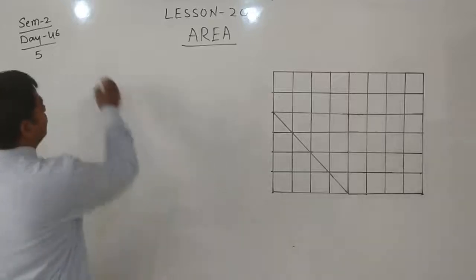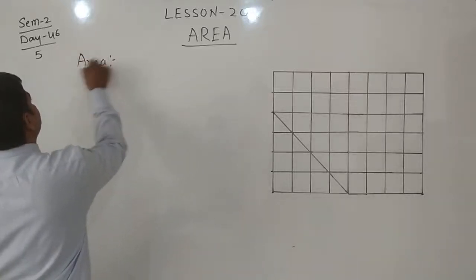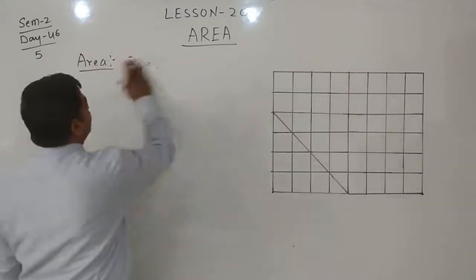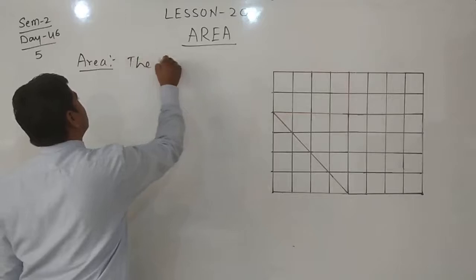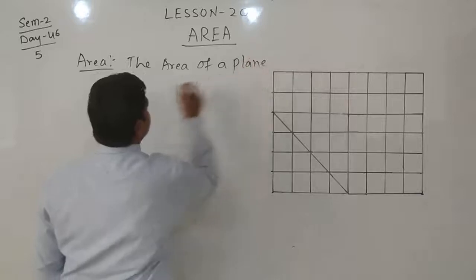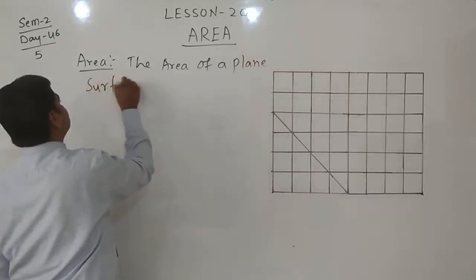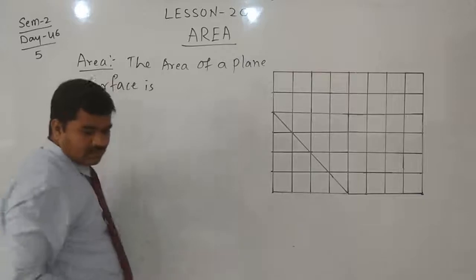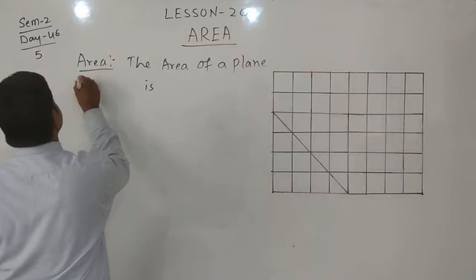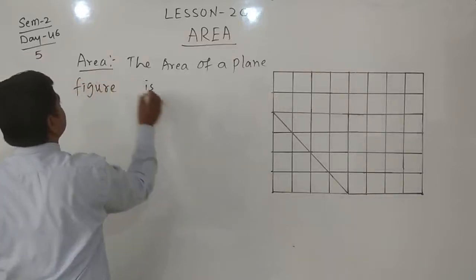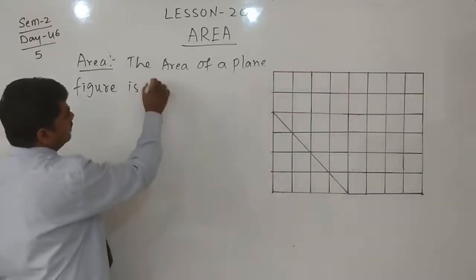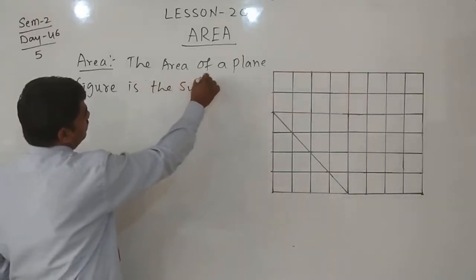Now write the definition of area. The area of a plane surface or plane figure is the surface enclosed by its sides.